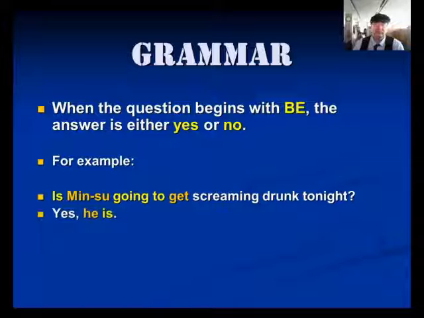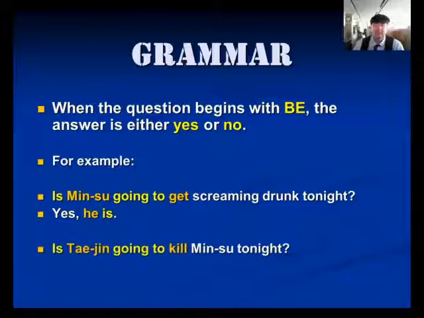Yes, he is. Is Taejin going to kill Minsu tonight? No, she isn't. She'll probably kill him tomorrow.